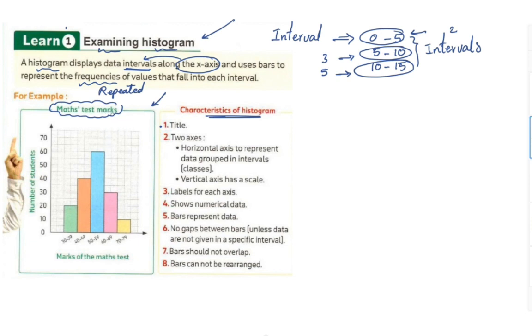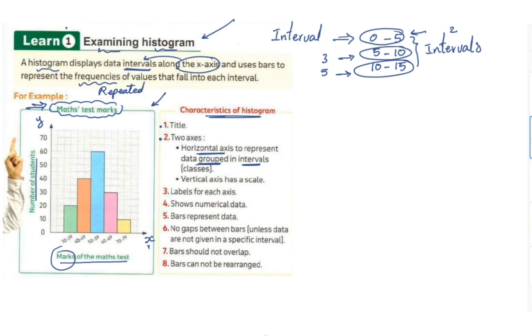Mark of students is on the x-axis and number of students on the y-axis. Number 2, we have 2 axes. The first axis is the x-axis, the horizontal axis, which represents data grouped in intervals. What interval here? It's marks.